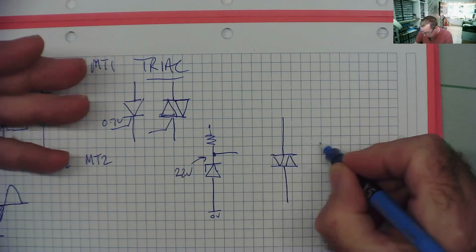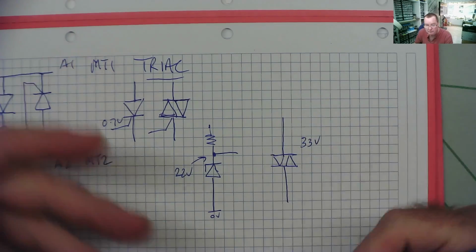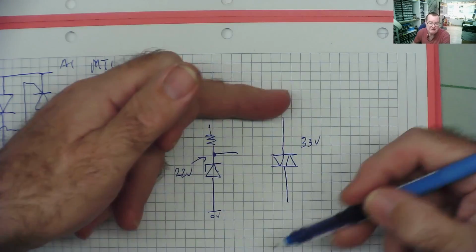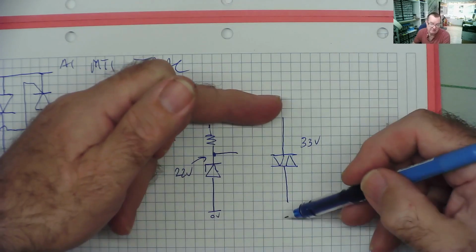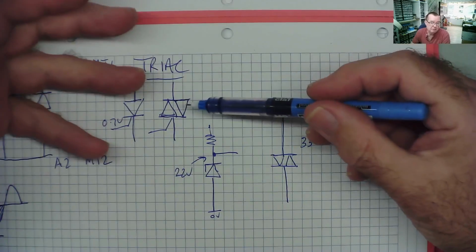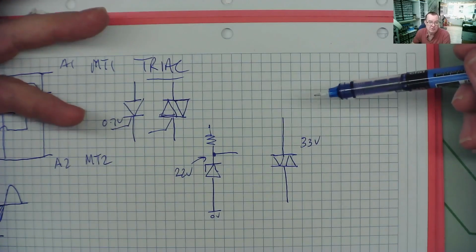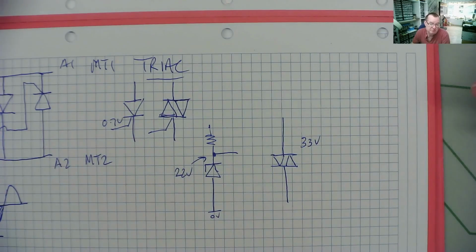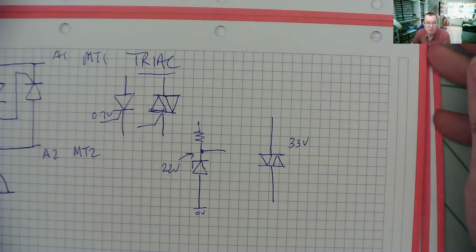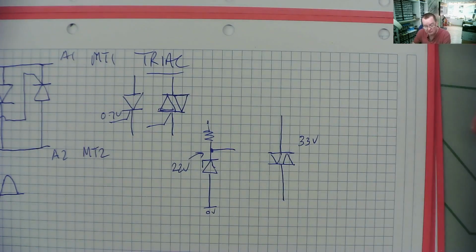So for example, a 33 volt diac, when there's 32 volts across it in either direction, positive to negative, negative to positive, it will switch on and conduct. It will break over, and it will act like a triac. Once it's switched on, it will stay switched on until the main current goes away. That's what a diac is. They're used normally to switch triacs, and they look like diodes.